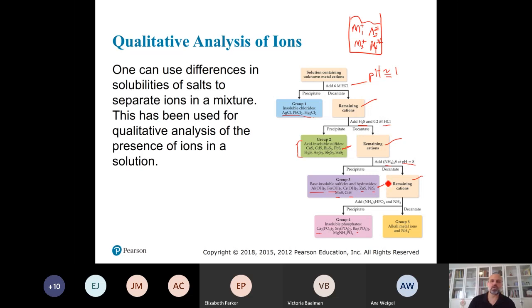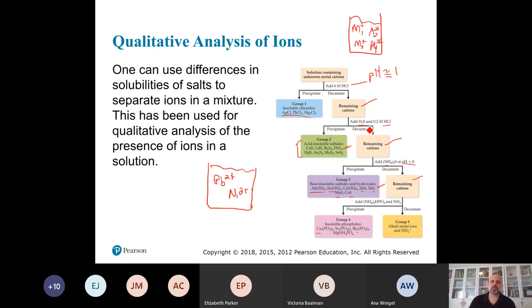So if you had a beaker here with lead ions and nickel ions, you could very easily separate them out, right?